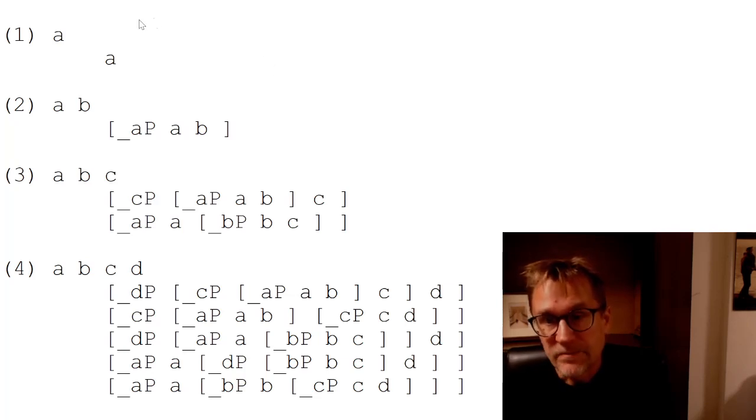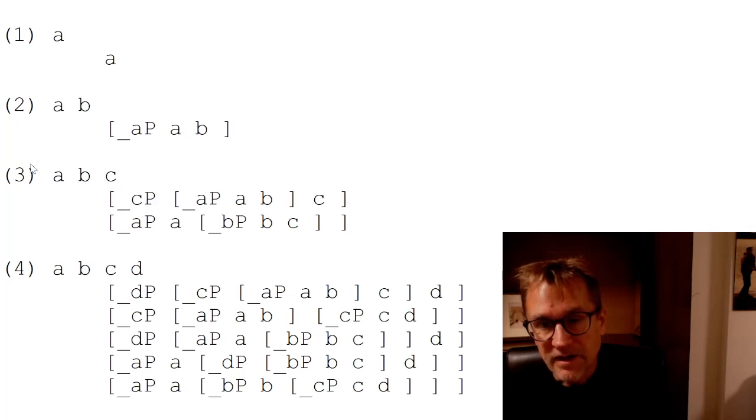What's happening here is that if we have just one word, it will produce that. If we have two, we have only one way of putting them into a binary branching phrase structure, and that's what this algorithm finds. So this is the only phrase structure that is consistent with this linear order.